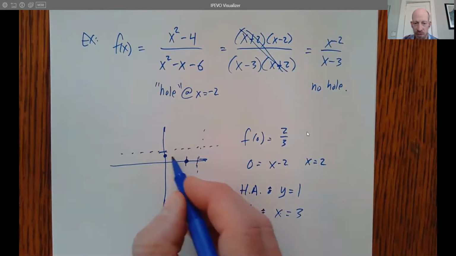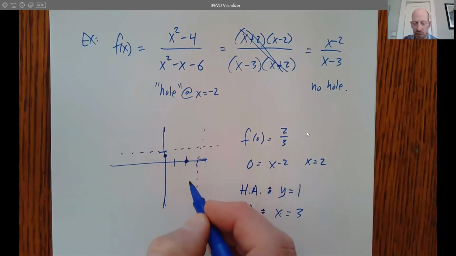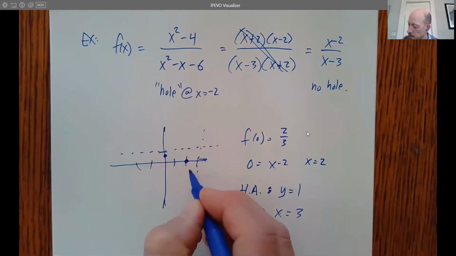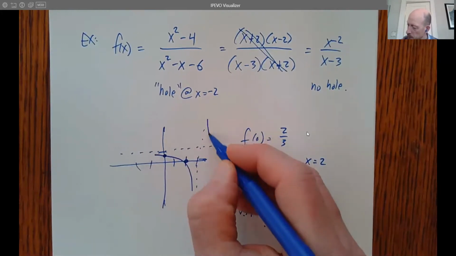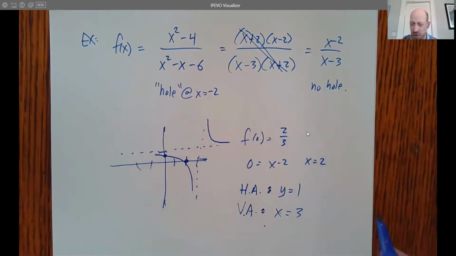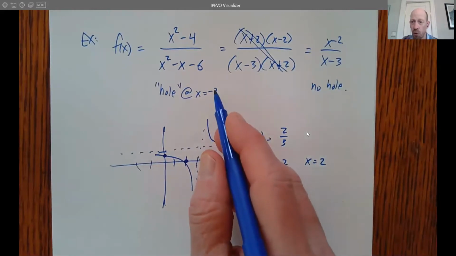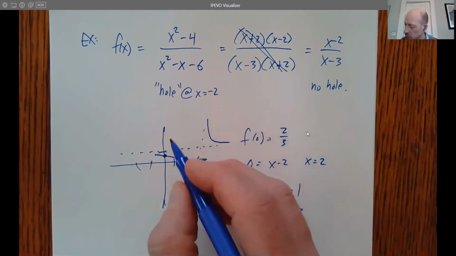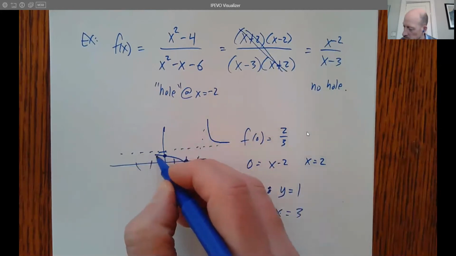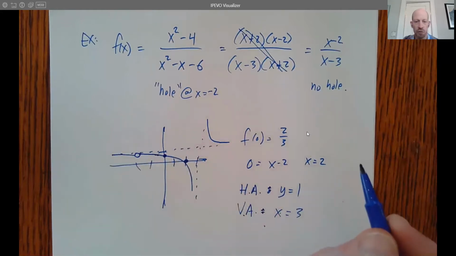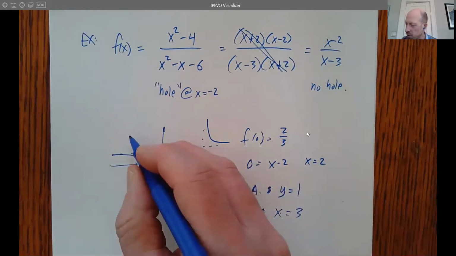And it turns out based on these 2 points and multiplicities, my function has to look like that. But what I want to make sure to show is that there's this hole at -2. So the function has a hole at -2. So we draw an open circle there.